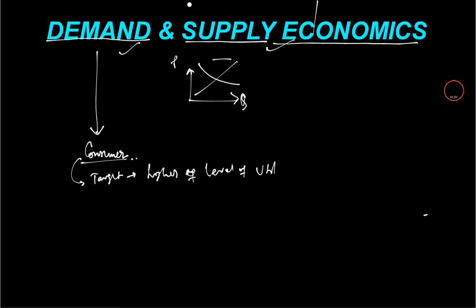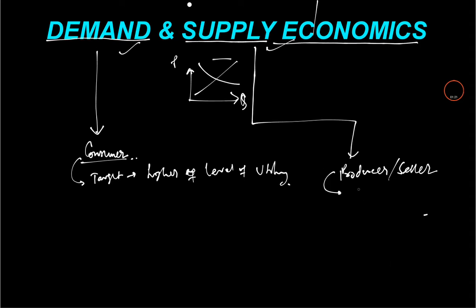But in the supply mechanism, it is the producer, and we also call him a seller. Sometimes the producer is the seller, sometimes he is not. If he produces something, his basic target is profit, and profit is higher when the price is higher and the quantity is higher, both high, he is more profitable.